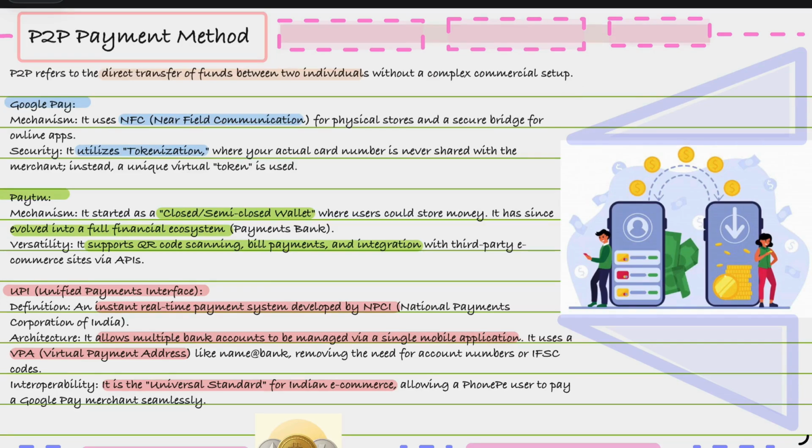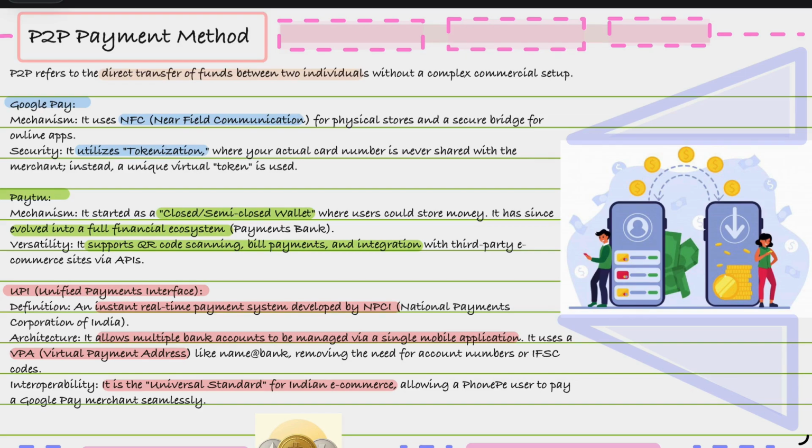To demonstrate top-tier industry knowledge, you have to write the 3 definite implementations of peer-to-peer and digital wallet. First is Google Pay. Google Pay is a tokenized proxy model. It uses near field communication, NFC, for physical retail tapping and a secure encrypted API for online.